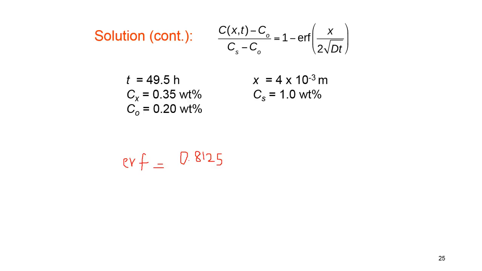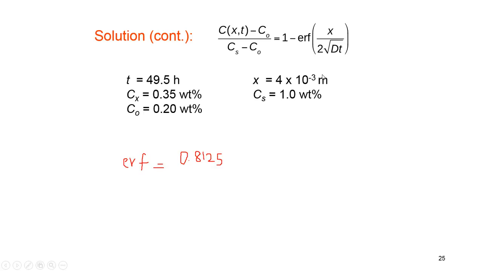Of course, the value of z is going to be between 0.9 and 0.95. So by interpolation we can find the value of z, and we know that z is equal to x divided by 2 root of Dt. We know the value of x, which is 4 millimeters. We know the value of t, which is 49.5 hours. By knowing this, we know the value of D.